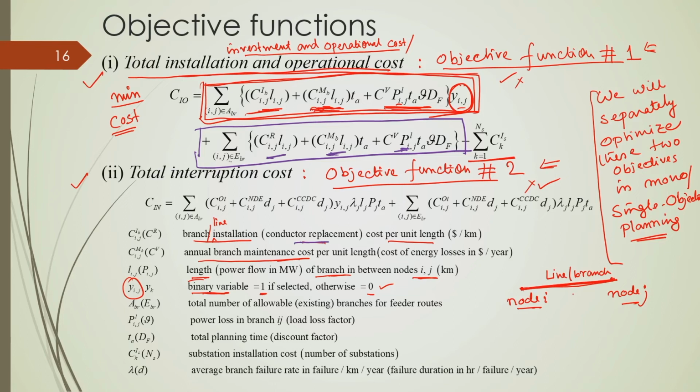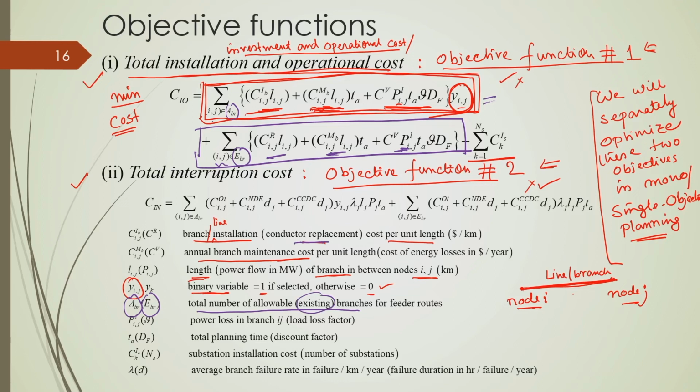And here I j belong to a set EBR, previously I j belong to set ABR. Where are ABR and EBR mentioned? Here you can see the set ABR, a set which consists of allowable branches, and EBR stands for existing branches.